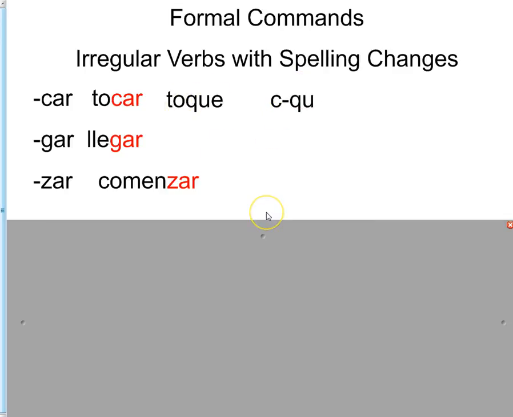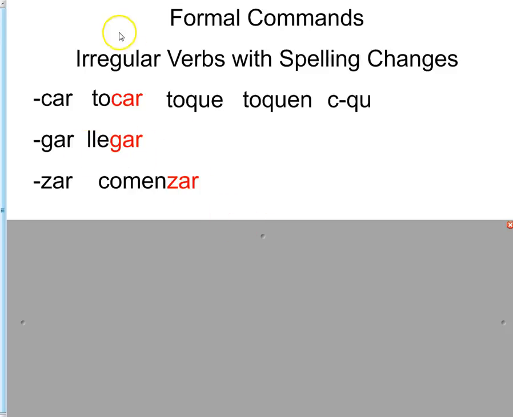So for example, the word "toque." Now the plural form of that, if you're telling more than one person to touch something, if you're giving them a command, you would say "toquen." I could actually write that down too. Let's add an N to make it the ustedes form of the formal command. So anytime you see car, you'll change the C to a QU.